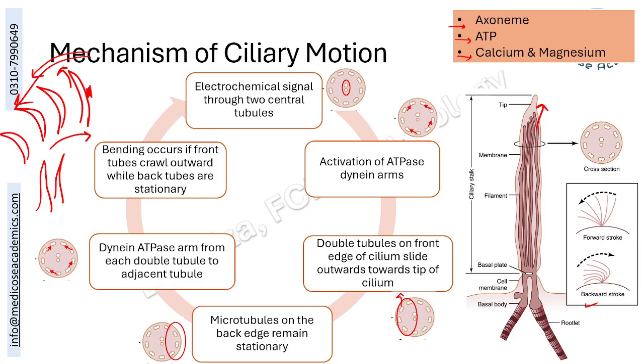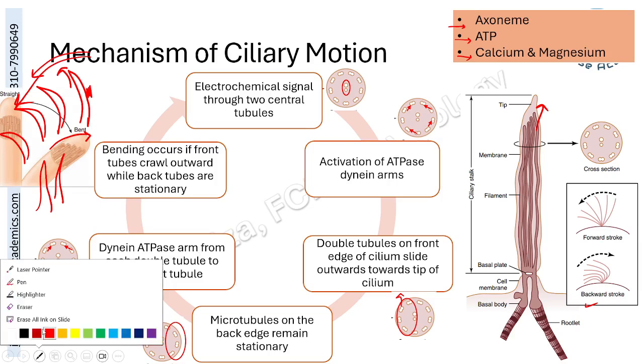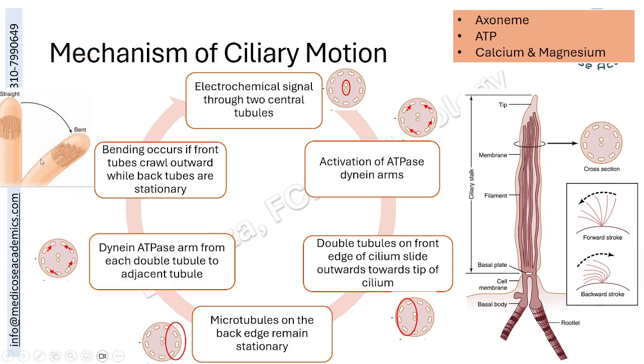Also, these rapid strokes keep on happening 10 to 20 times per second, ultimately leading to clearance of the mucus by this mucociliary movement. Here is the image showing the bending.